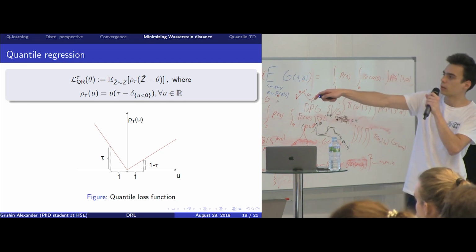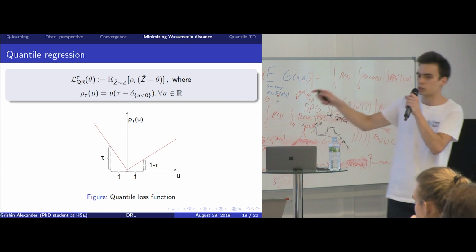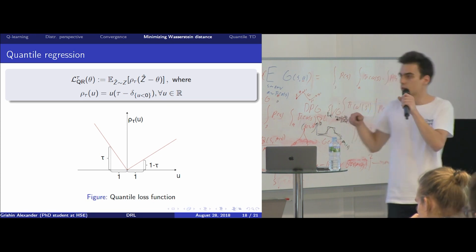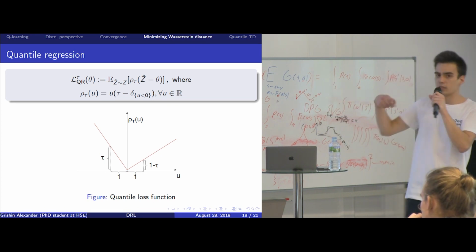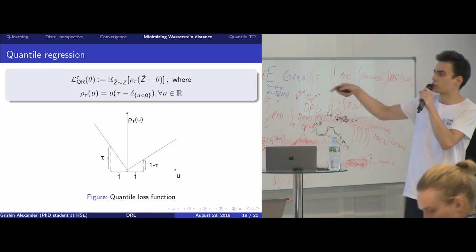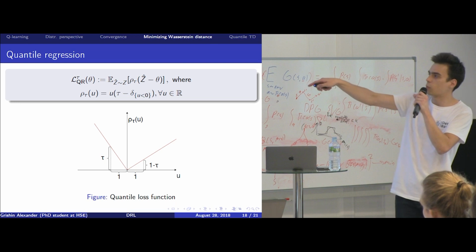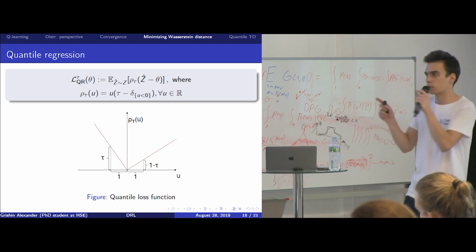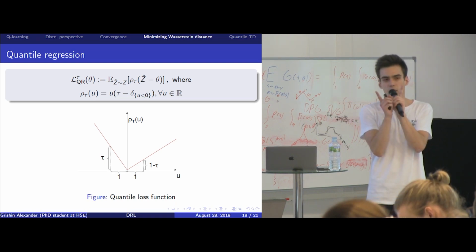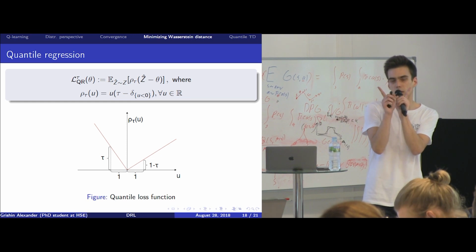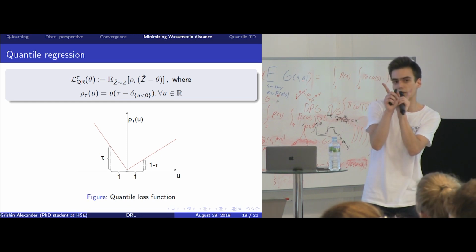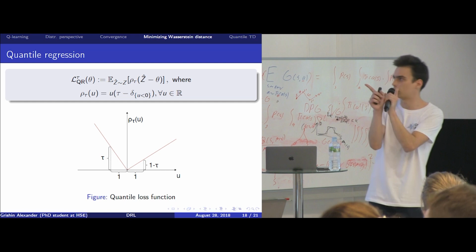This should be 1 minus tau, and this should be tau. So we penalize overestimation by tau and underestimation by 1 minus tau. So it is, in fact, L1 loss with differently rotated lines.